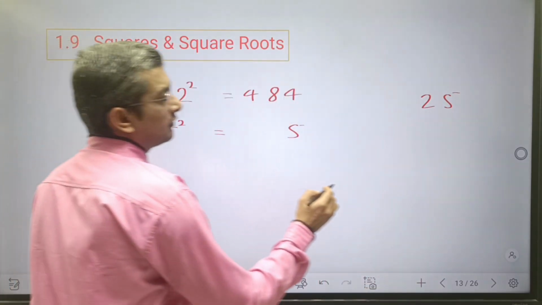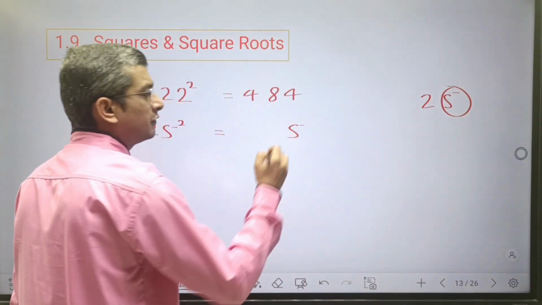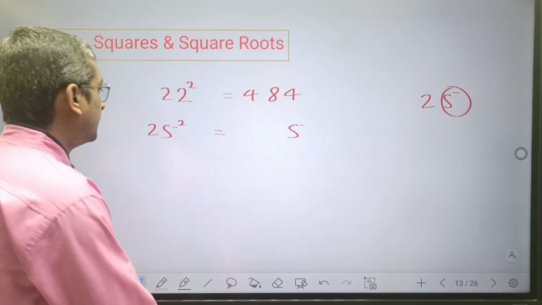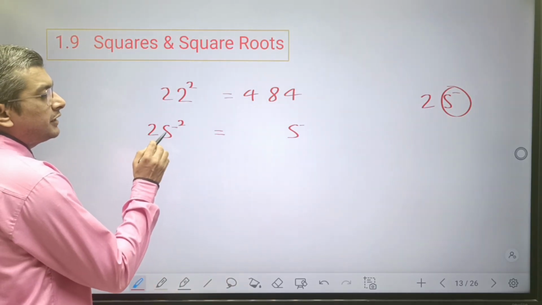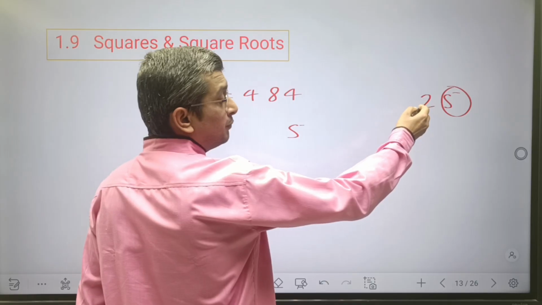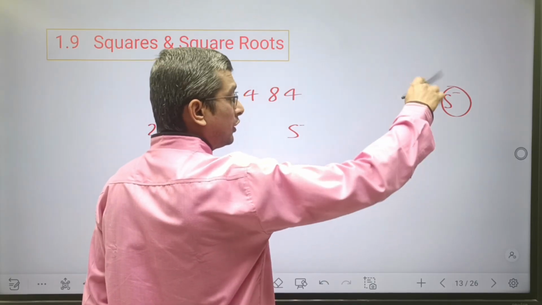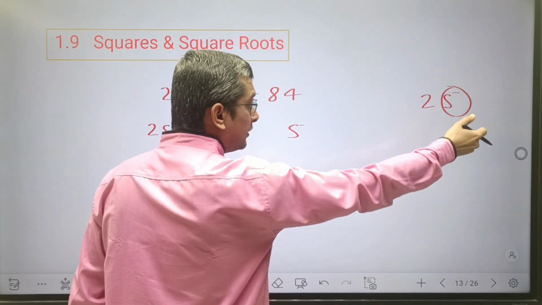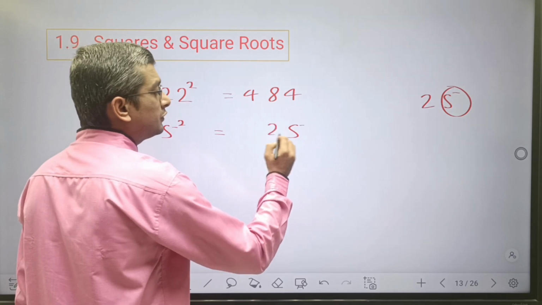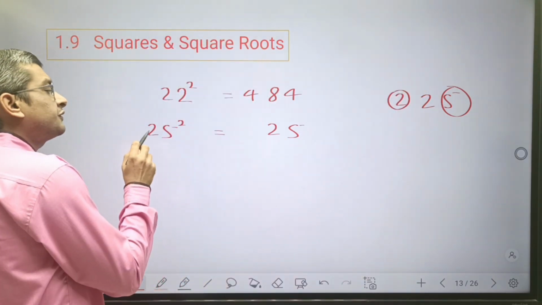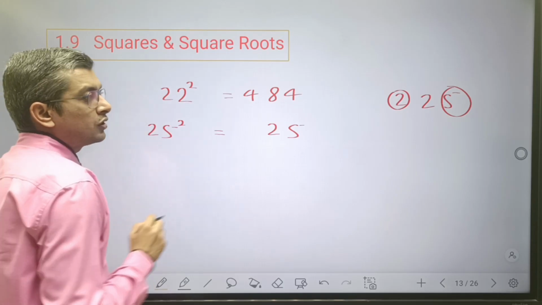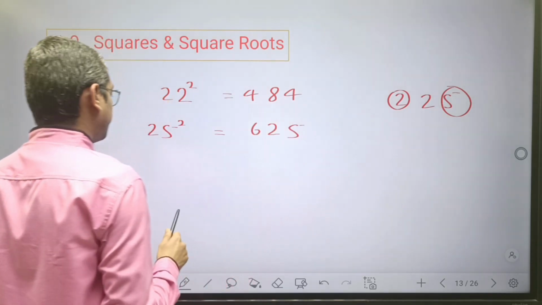Unit place square is 25, so write the unit digit 5 and carry 2. Now the second step: 2 into 5 into 2. 2 fives are 10, 10 twos are 20, plus the carry we obtained in step 1, that is 20 plus 2 is 22. Again carry 2. The last step is 2 square 4, and 4 plus 2 is 6.